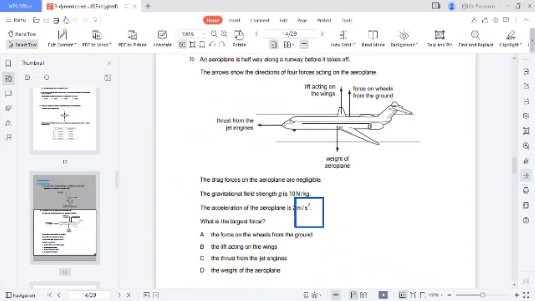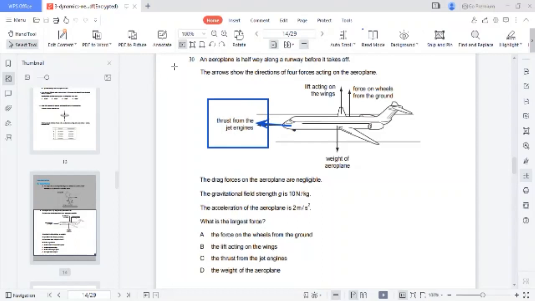Okay, next is an aeroplane halfway along a runway before it takes off. The diagram shows the direction of four forces acting on the aeroplane. This is the thrust from the jet engine, the force provided by the engine, acting in this direction.